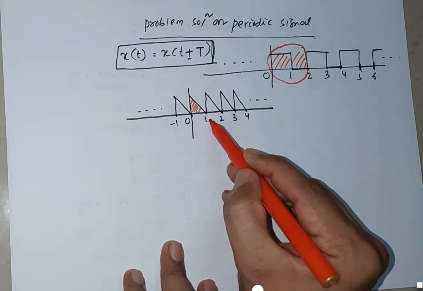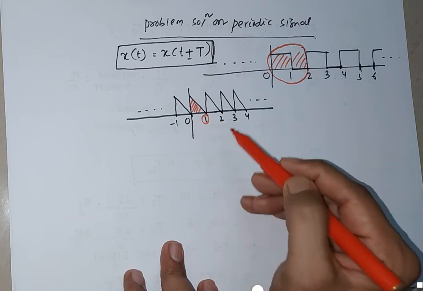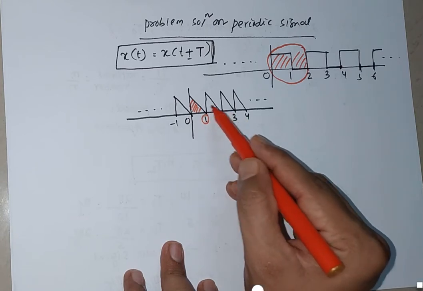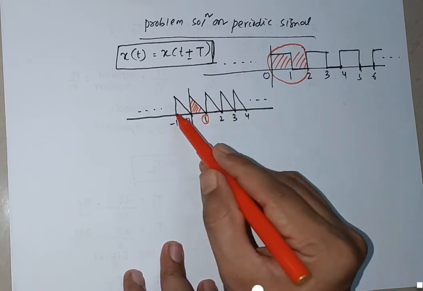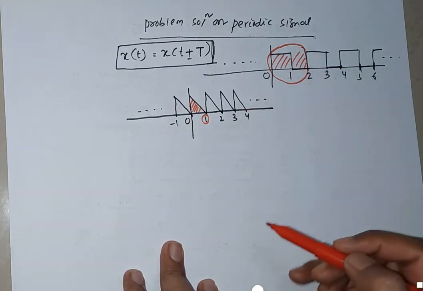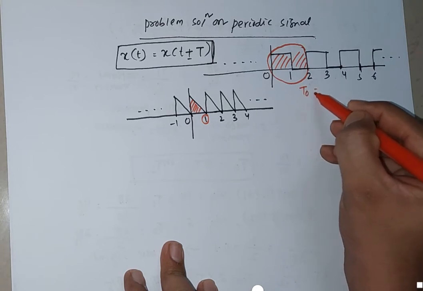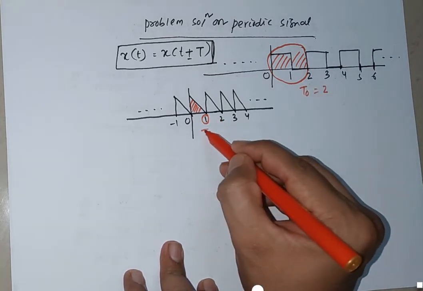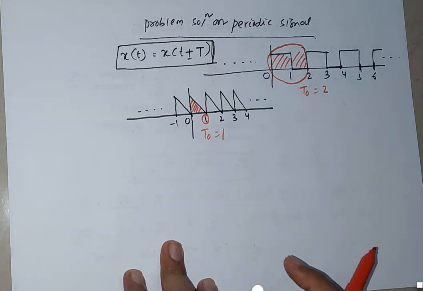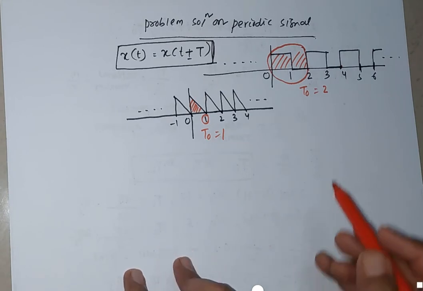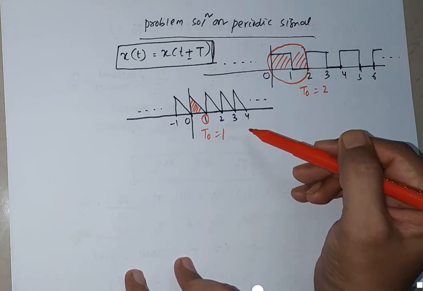It repeats after an interval of 1. After an interval of 1, again it repeats. So in both examples of periodic signals, in the first case the fundamental period is 2, in the second case the fundamental period is 1. Clear?